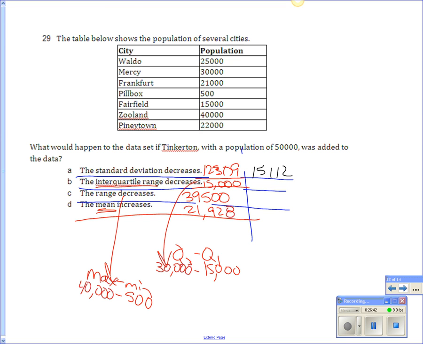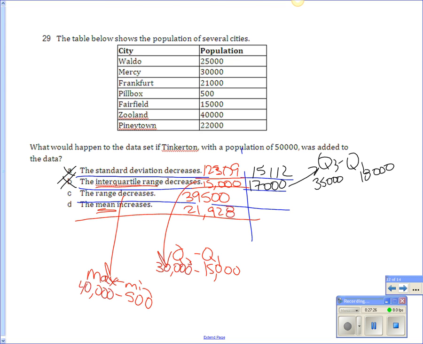Stephen A., did it decrease? No. LeVar, what's the formula for interquartile range? All right, what's the Q3 and Q1, LeVar? 35,000 and 18,000? All right, what do you get when you subtract those? Elijah, did it decrease? No.